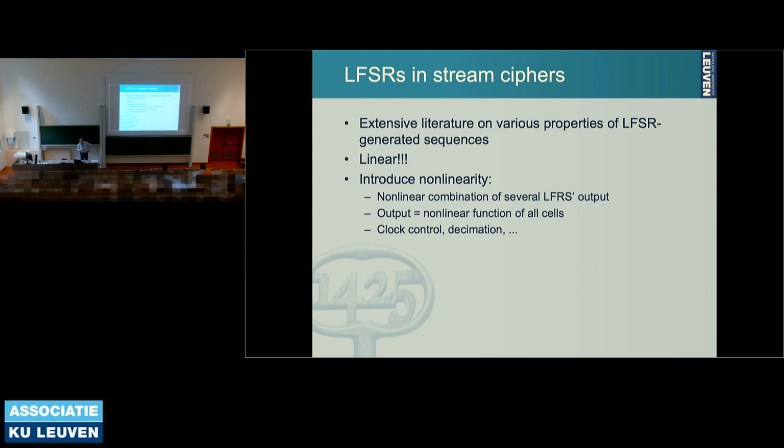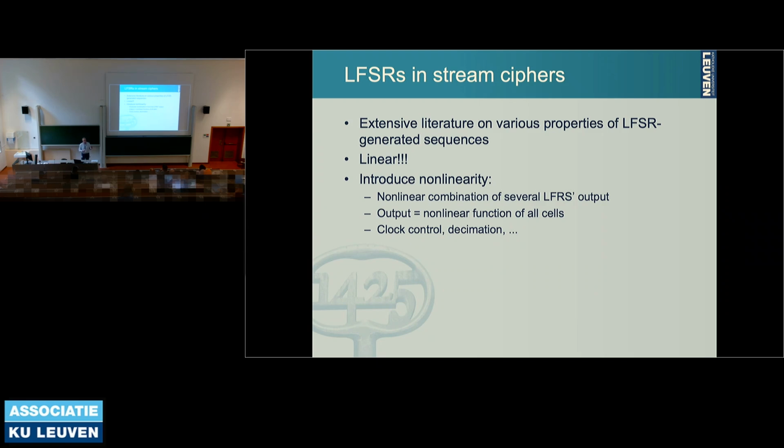But let's say the main problem that these constructions have is that a linear feedback shift register in the end is a linear system, which means that an attacker can actually easily break it by writing out a system of linear equations and solving for it. So we need to add something extra to make these equations nonlinear. And there are several typical combinations.